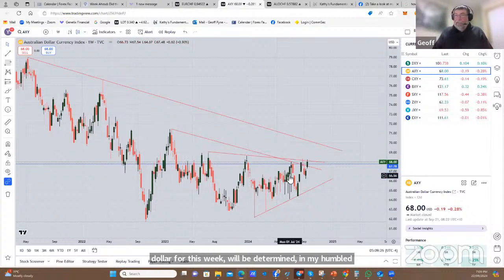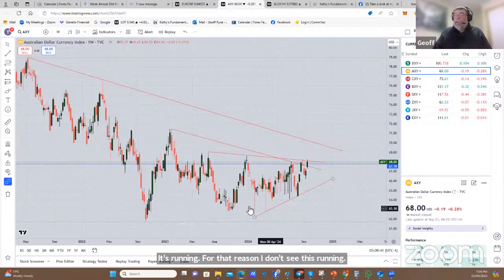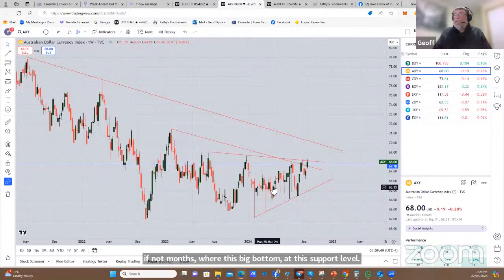And if they continue their stance, which is stubborn, refusing to reduce interest rates at the moment, then I see the Aussie continuing its run. And for that reason, I don't see this run of the Aussie changing. We've been flagging this for weeks and weeks and weeks, if not months, where this big tweezer bottom at the support level was going to dictate terms for some time, and it has done that.